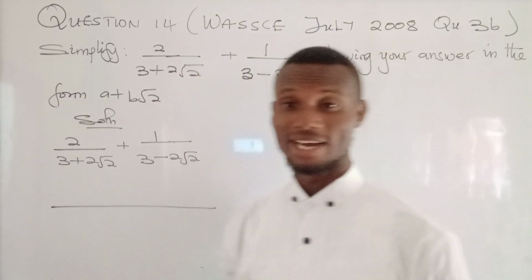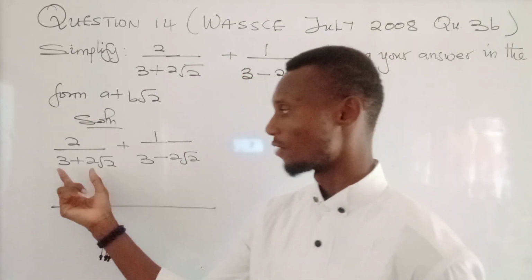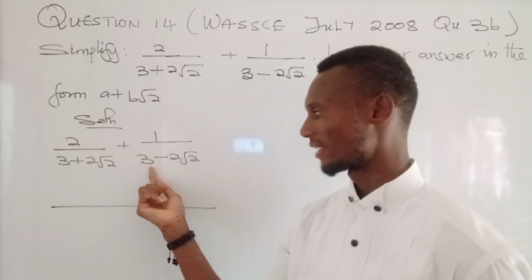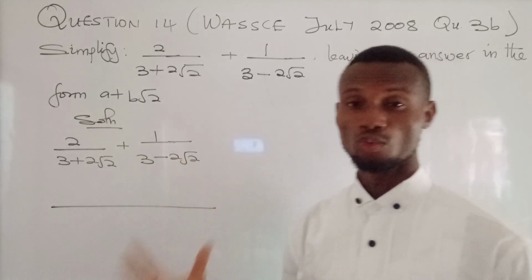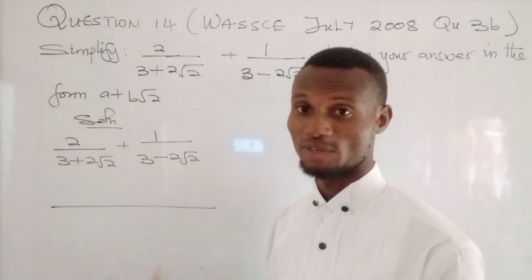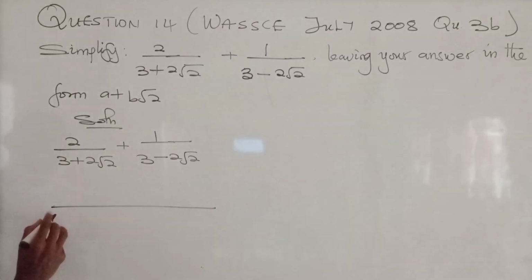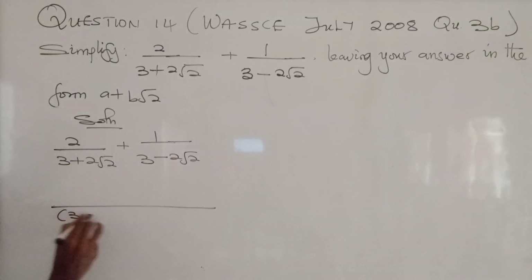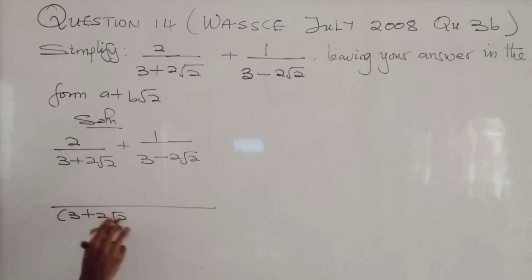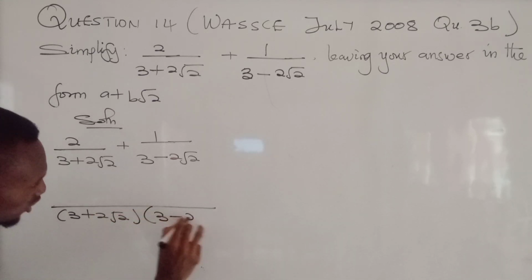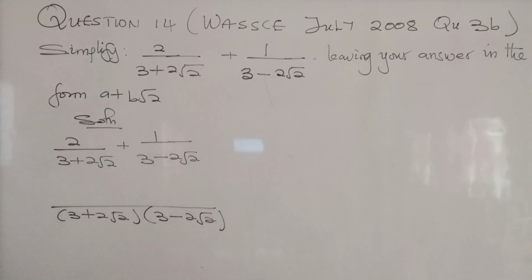We put them into brackets: 3 plus 2 root 2 in one bracket multiplying 3 minus 2 root 2 in another bracket. So that's how to get the LCM.